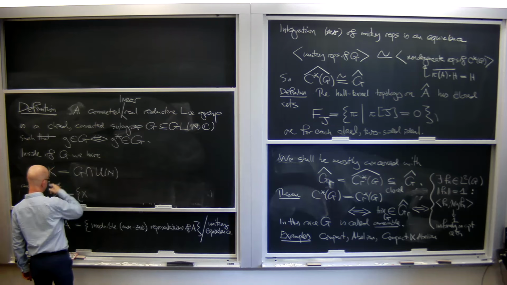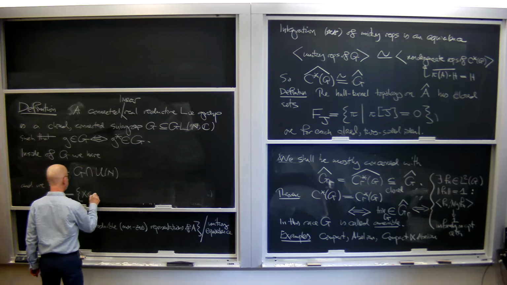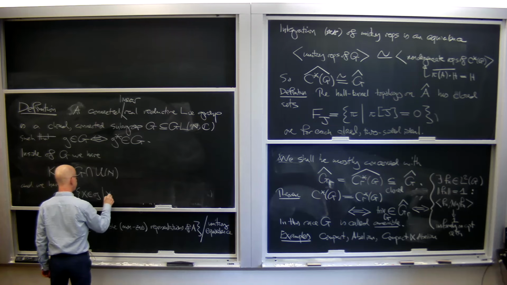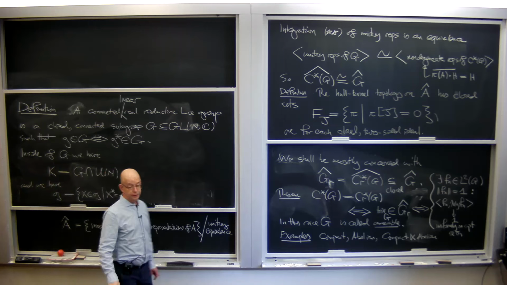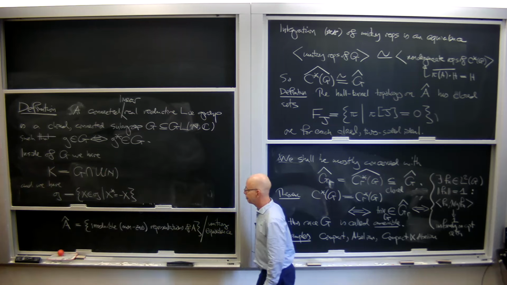The first part is just, it turns out, the Lie algebra of K. It's the set of all elements of the Lie algebra which are skew symmetric, rather skew adjoint.